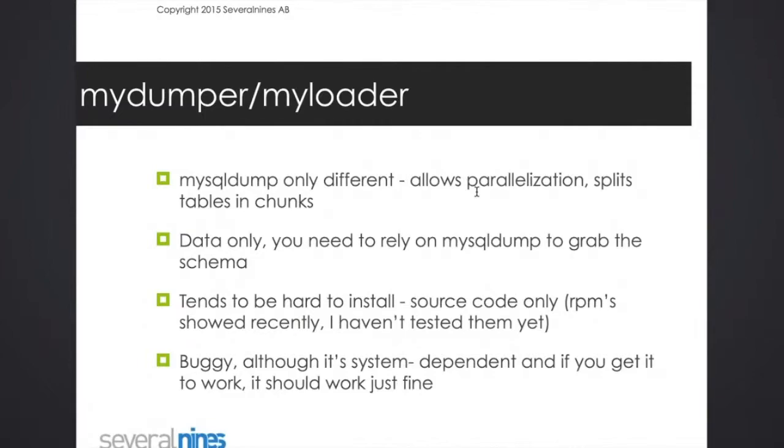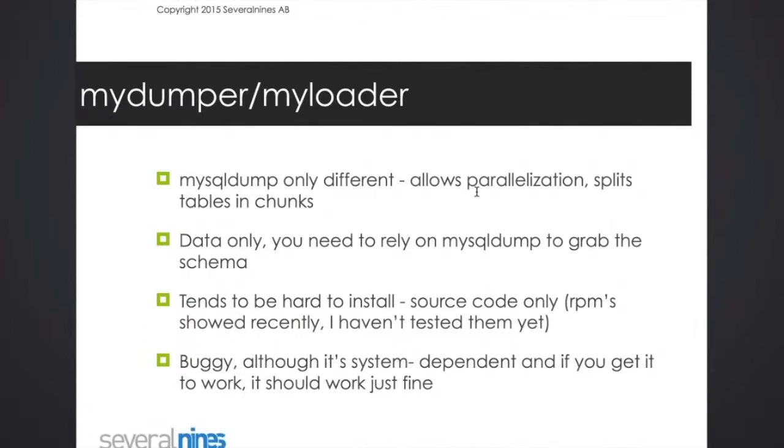MyDumper and MyLoader operate on data only, so you have to use MySQL dump to take care of dumping the schema, and they tend to be hard to install. Up to pretty recently there was only source code, so you had to compile it, and pretty recently, like 2-3 weeks ago maybe, I've seen a post that RPMs were created.